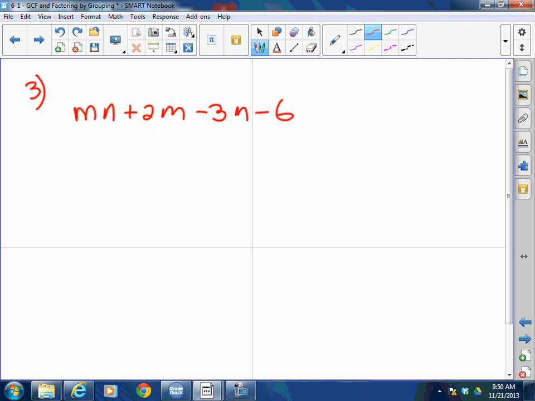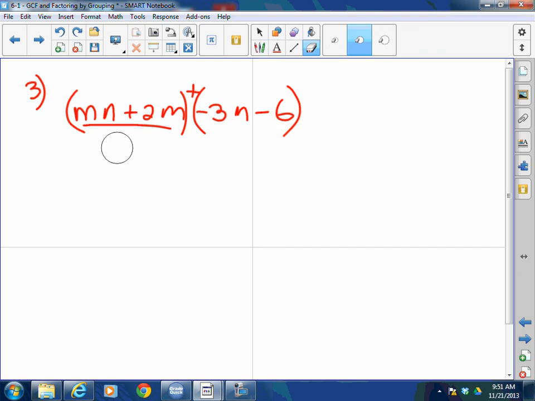All right, let's see what we can do here. We'll go ahead and factor by grouping, and we're going to separate them here. I can factor out a 2m here, right? No, not a 2m, just an m. So I am going to have m times n plus 2.